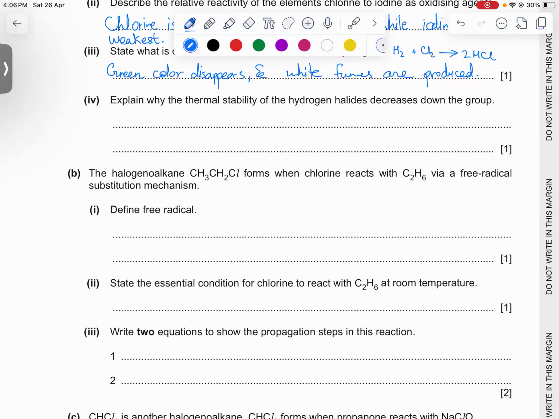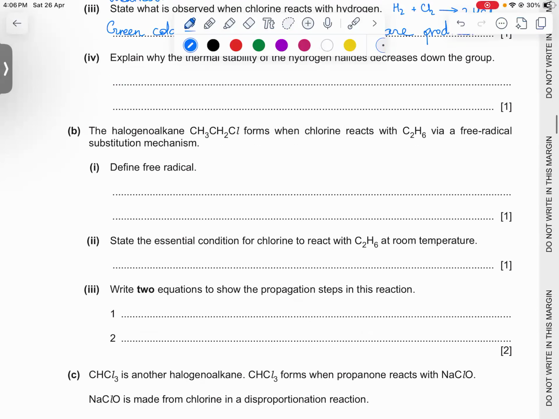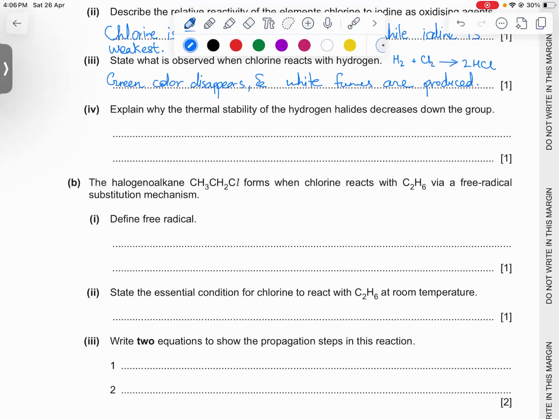It is all dependent upon the bond strength, right? The stronger the bond, the more resistant it is to being broken down. So if thermal stability of hydrogen halides decreases down the group, that is because the hydrogen halide bond becomes weaker.